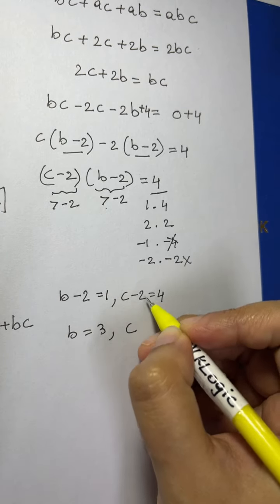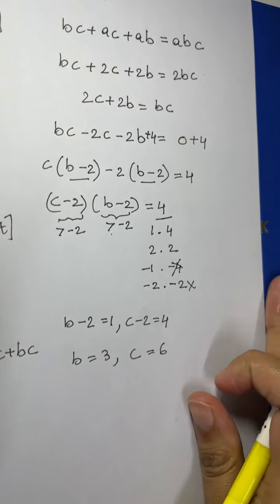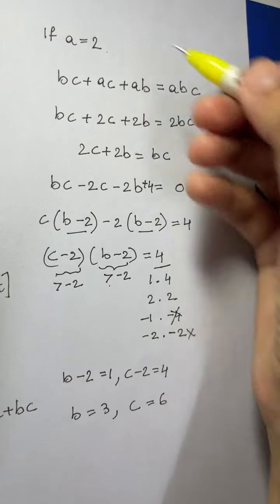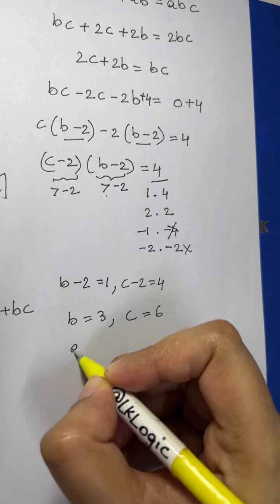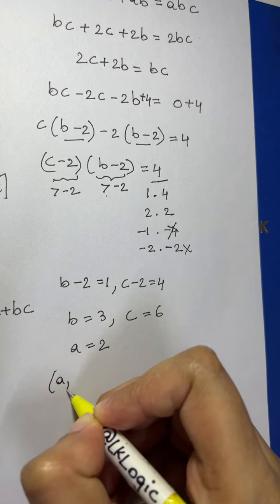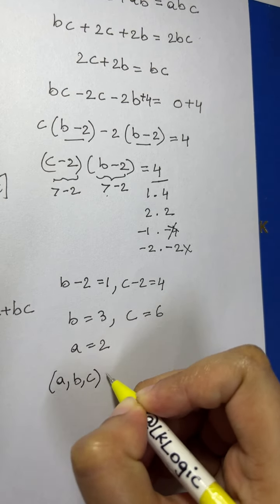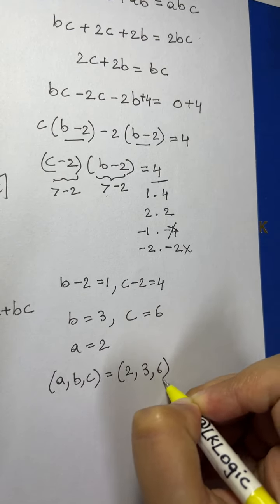C will be equal to 4 plus 2, that's 6. And you already know that A is equal to 2. So A, B, C is equal to 2, 3, 6.